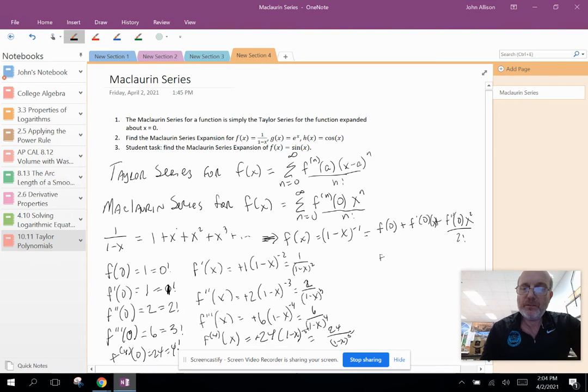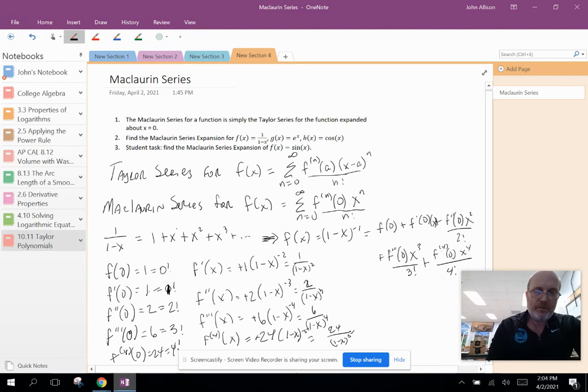And this is going to be plus the third derivative, evaluated at 0 times x cubed over 3 factorial plus the fourth derivative, evaluated at 0 times x to the 4th over 4 factorial.